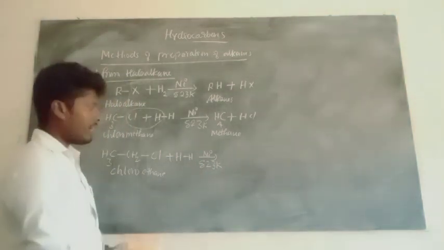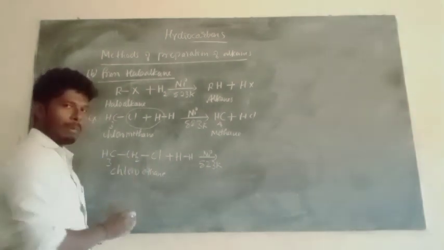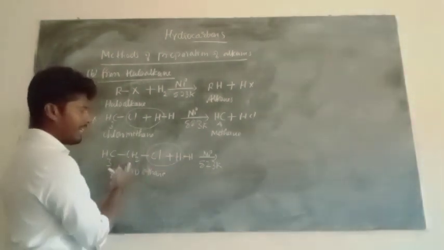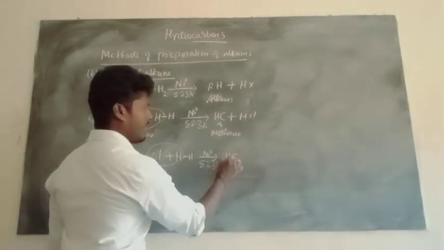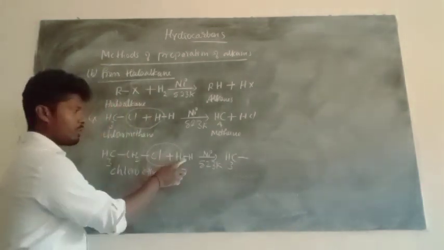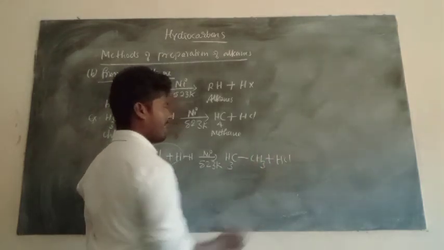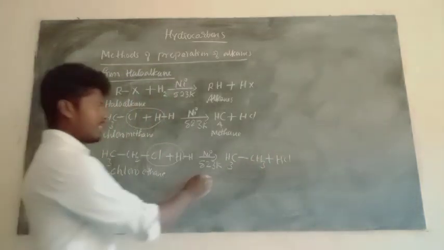Under this temperature, the carbon and chlorine bond is broken, giving H and Cl. Then H is added here. CH2 and H becomes CH3, plus HCl, hydrogen chloride. So what is its name? Ethane.